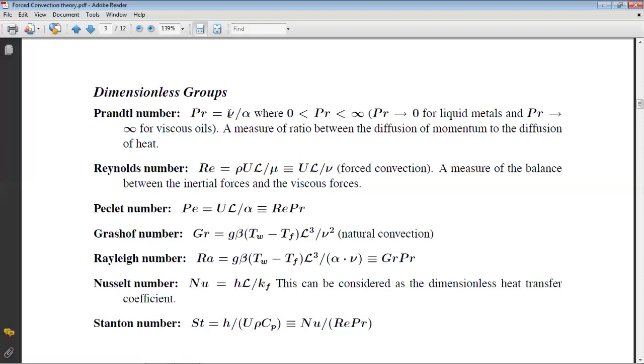Next is the Nusselt number. As you all know, Nusselt number can be defined as the ratio of convective heat transfer to the conductive heat transfer, or it is also defined as conductive resistance to convective resistance.